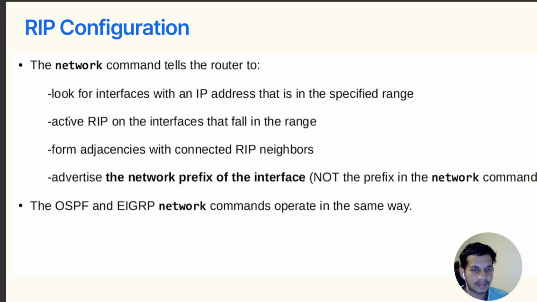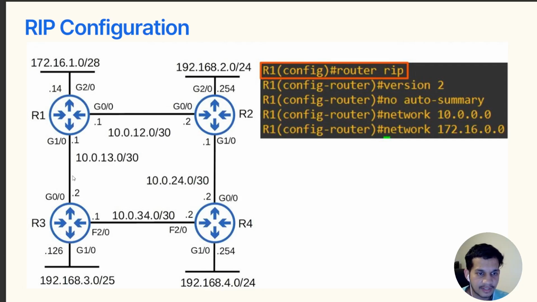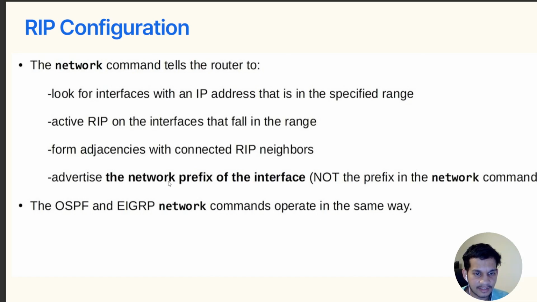This router will tell the other router about the network it has, and the other router will tell it that its interface is connected on this network to R2. Basically it advertises the network prefix of the interface, and OSPF and EIGRP networks also operate in the same way.